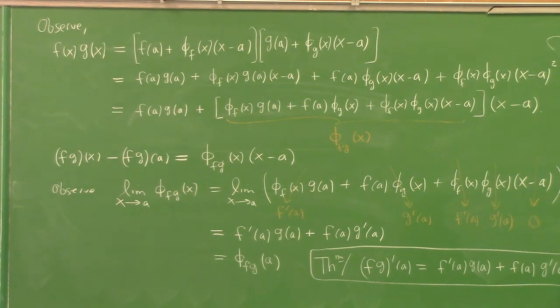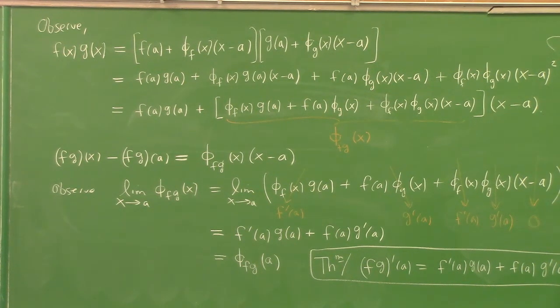So, to recap, what we did was we assumed the functions were differentiable at a. That gave us the ability to write the function as its value plus the difference quotient function times x minus a, by the theorem of Caratheodory for f and for g.